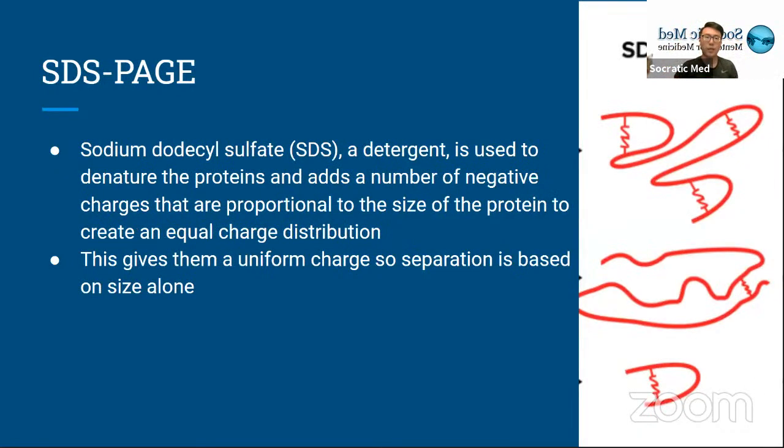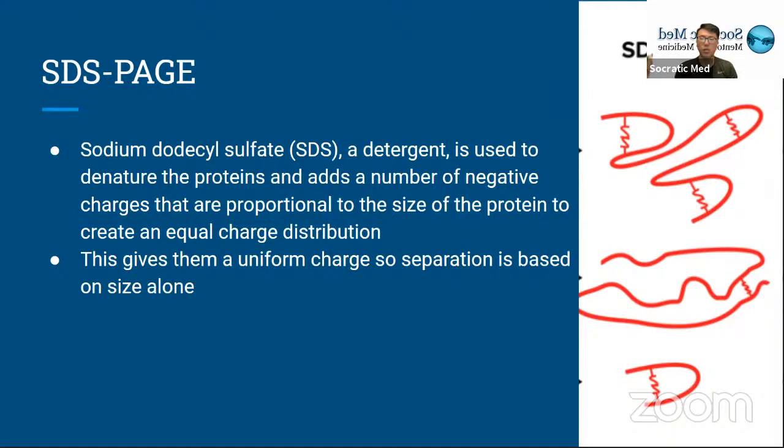So that's native PAGE. SDS PAGE is when you use a detergent called sodium dodecyl sulfate, most commonly referred to as SDS. This detergent is used to denature the protein and adds a number of negative charges that are proportional to the size of the protein.